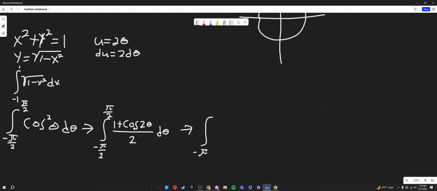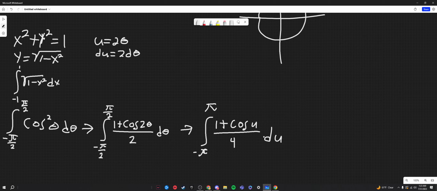Then we'll have 1 plus cosine of u now, over 4, because we have to divide by 2 on both sides to isolate our d theta, so we multiply our denominators. 1 plus cosine of u over 4, and we're in the u world now.